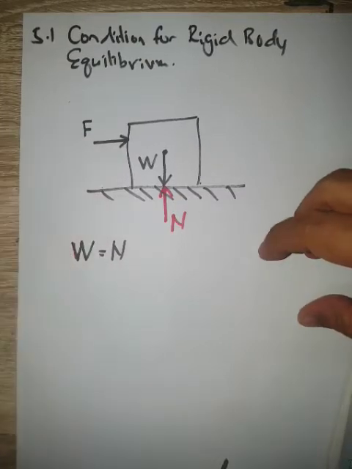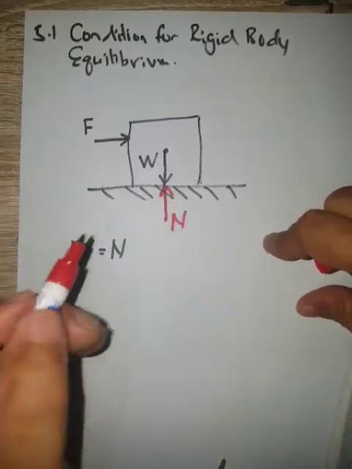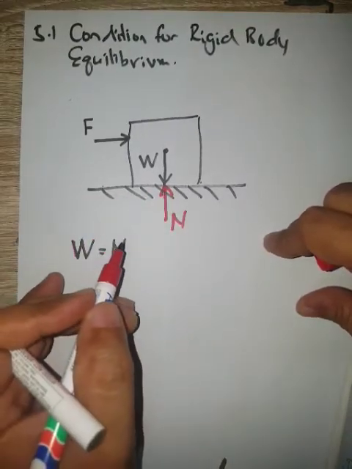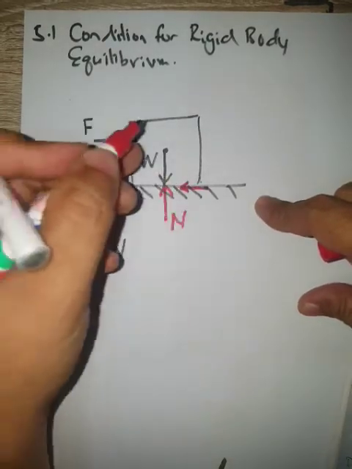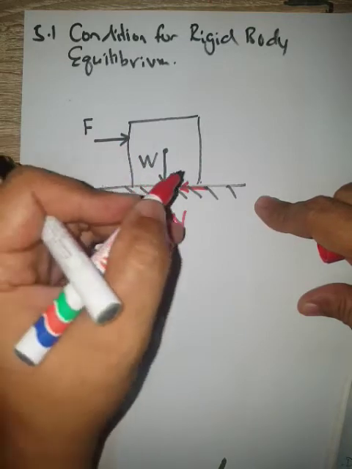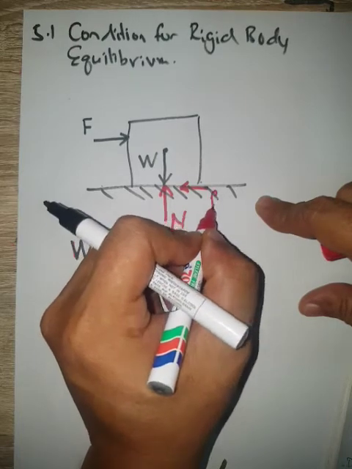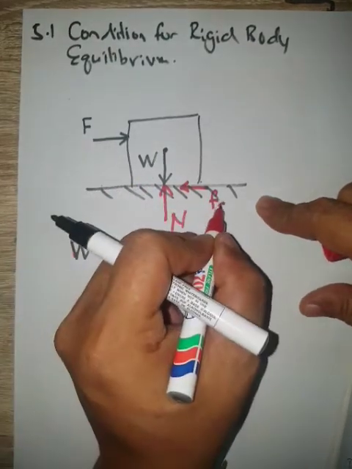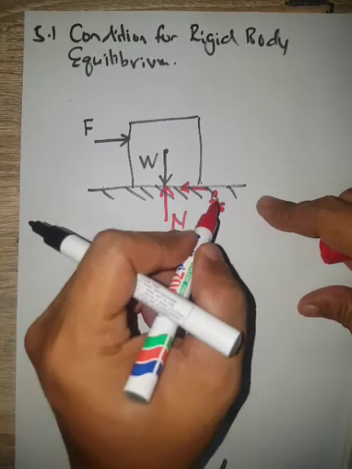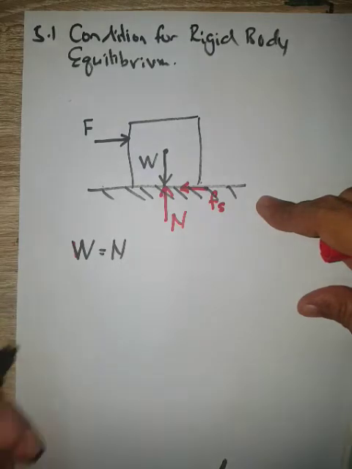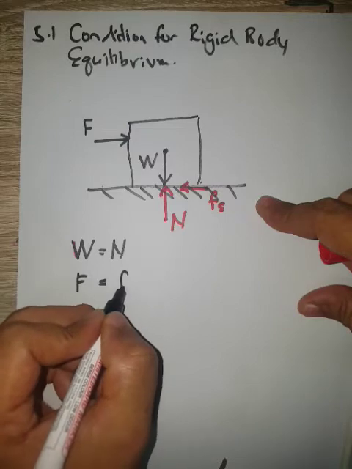Because if the floor has a certain degree of roughness, then the friction between the box and the floor exerts a reaction force, which we call small Fs, the friction force. So the force exerted to the right must be equal to the Fs.